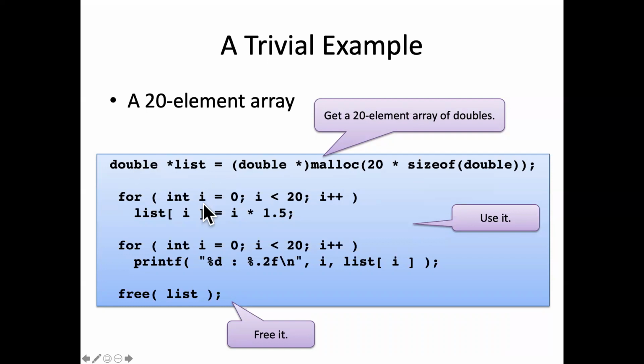Then if I want to iterate over that array, I can look up element 0 through 19. I can store things there, I can index into that array and then use that value. Here I'm just printing out those values. And then when I'm done, it's up to me to remember to free that memory.